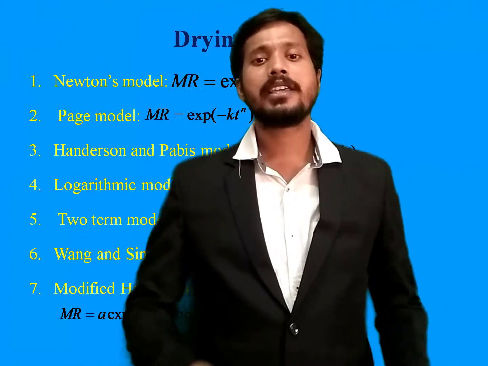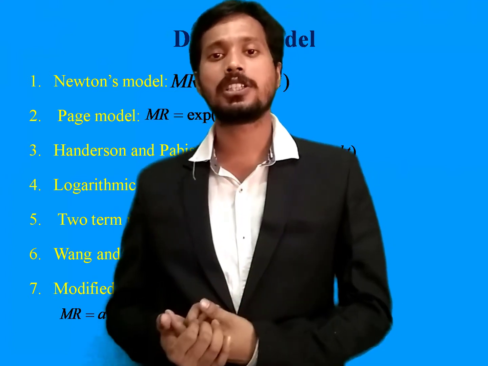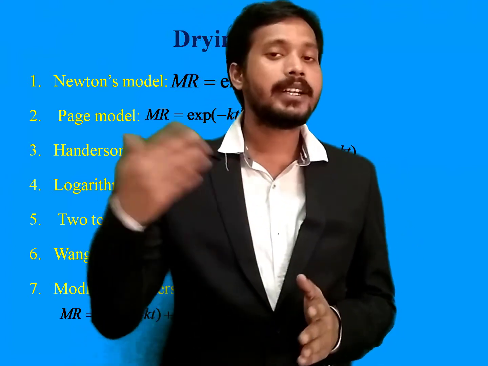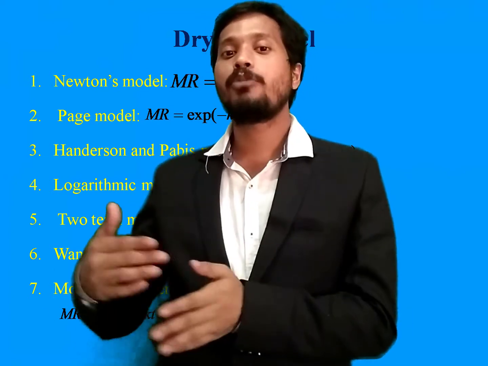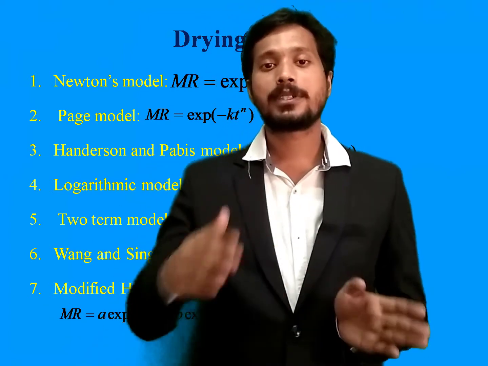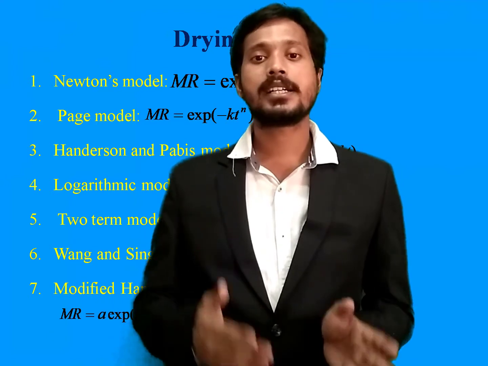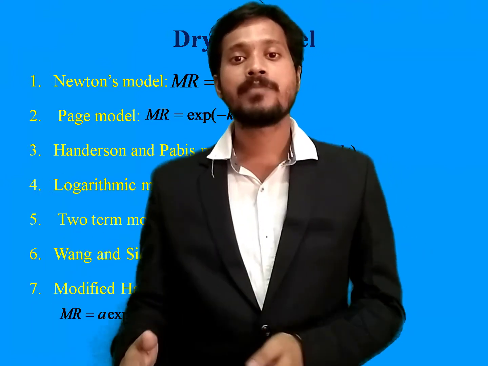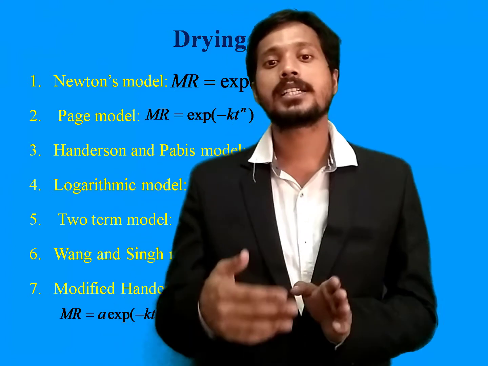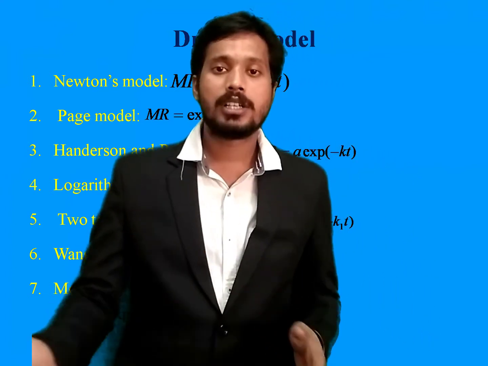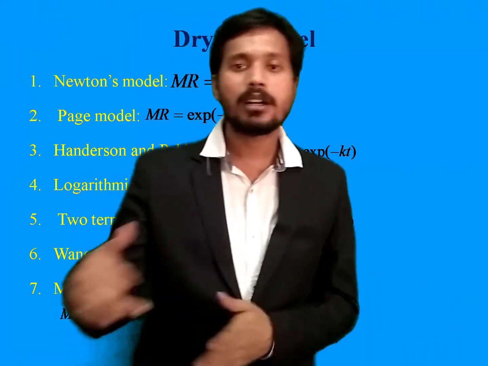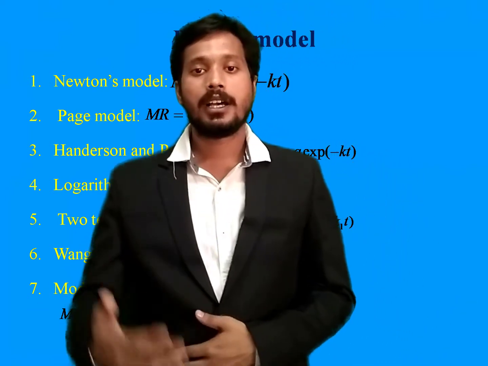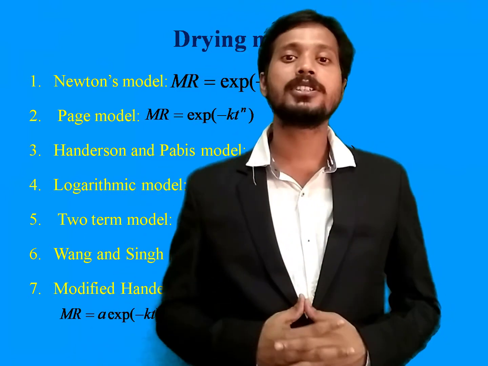So by using these models, by using these equations, we can directly calculate the predicted moisture content of the product, that after t time the moisture content of apple could be this much, or after t2 time the moisture content of jamun will be this much. So we can predict the moisture by taking the help of this drying model.